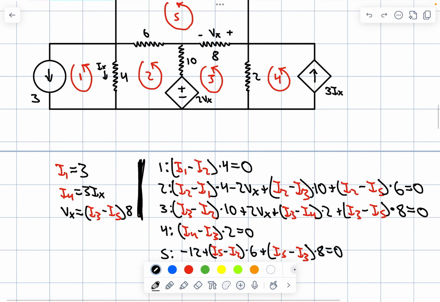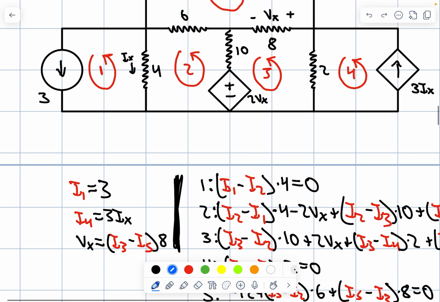Now, with that out of the way, we can finally go ahead and analyze our meshes. So let's look at mesh 1 just to start. In mesh 1, I'm going to denote where I'm starting. I'm going to start right here. So I'll be going through this component, through this, and then through this. Because you can kind of choose wherever you want to start, it doesn't matter.